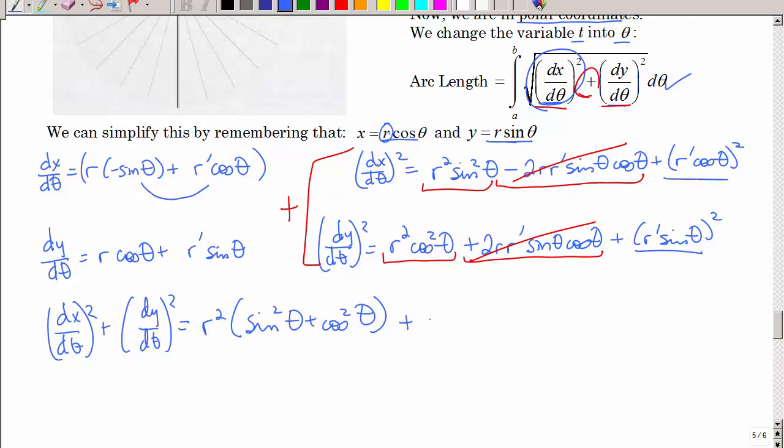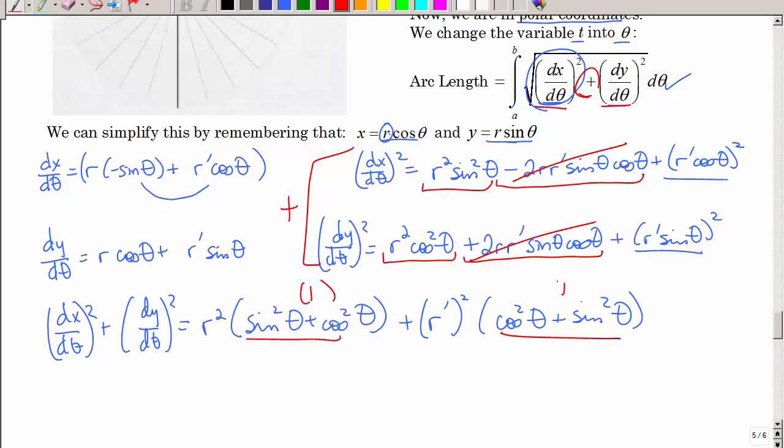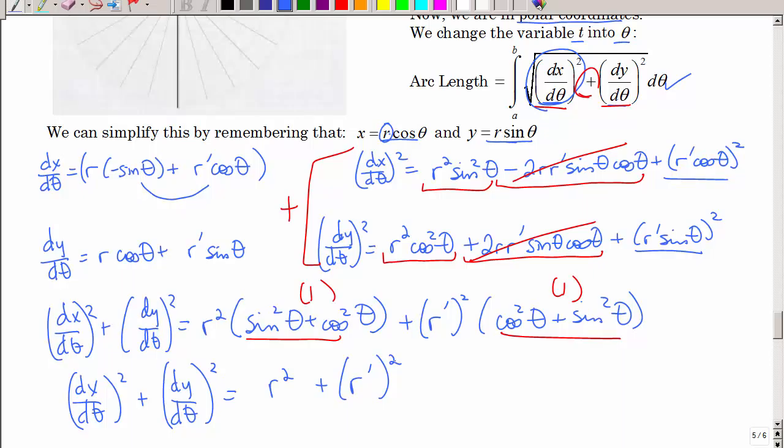These have an r prime squared in common, and they would be cosine squared theta plus sine squared theta. And we all know that equals 1. So our dx d theta squared plus dy d theta squared can be reduced to our function squared plus our derivative of our function squared.